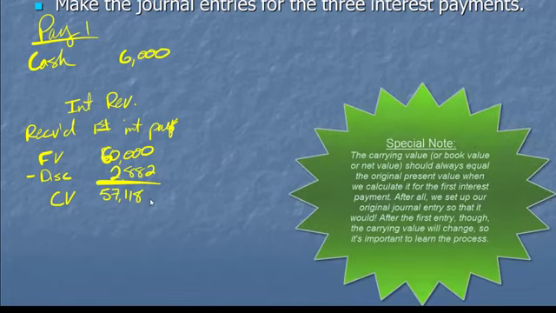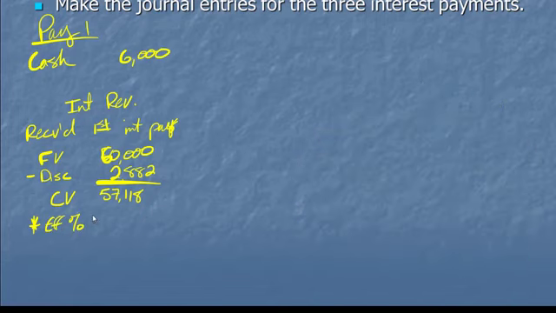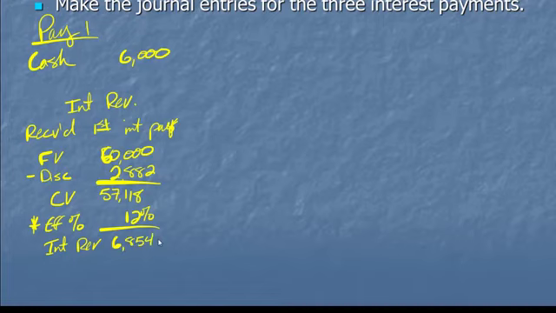And if you've done it right, it'll match up to the cash that you got in that first journal entry. Now I'm going to multiply that by the effective or market rate, hence the name effective interest method, use the effective interest rate. So in this case that's 12%, and that's going to give us our interest revenue. So if I multiply that out, and I'm just going to round to the nearest dollar, 6,854, and that's going to go up here.